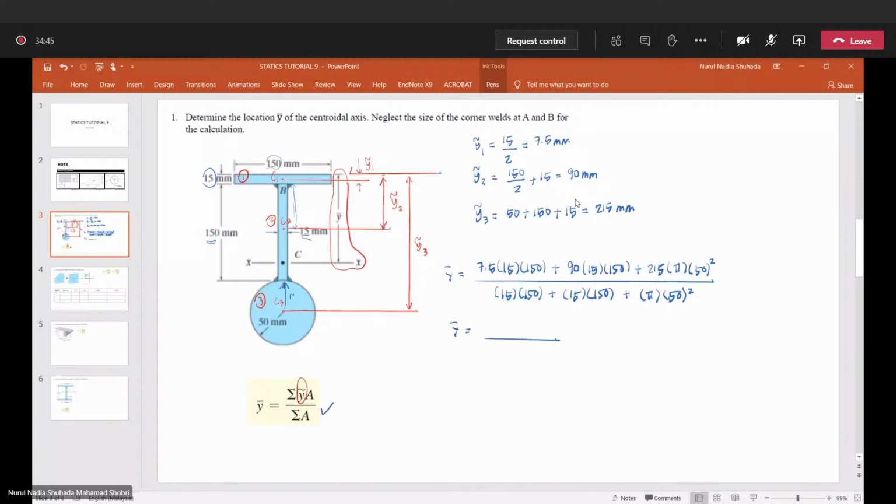So if you solve the upper part, you get 1907981.051.